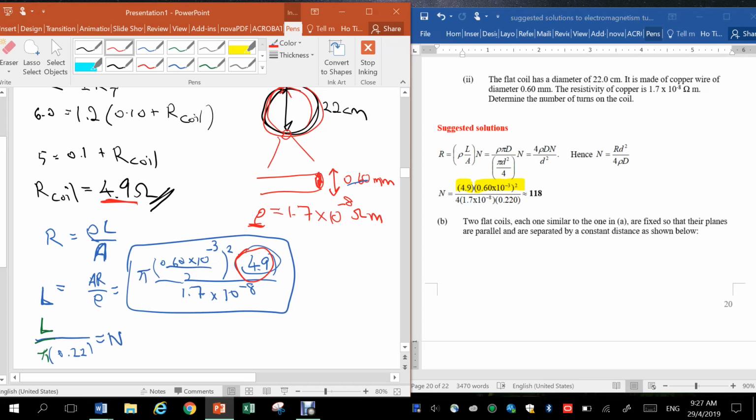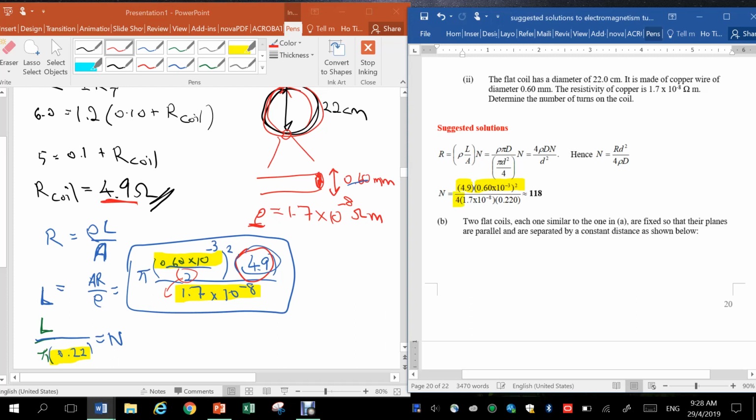Okay, so here they use this, right? They brought this down to the bottom, they squared the 4, to make appear this 4. 1.7 is there, 0.2 is there. So you plug in all the numbers, you should get 118. That shouldn't be too much of an issue.